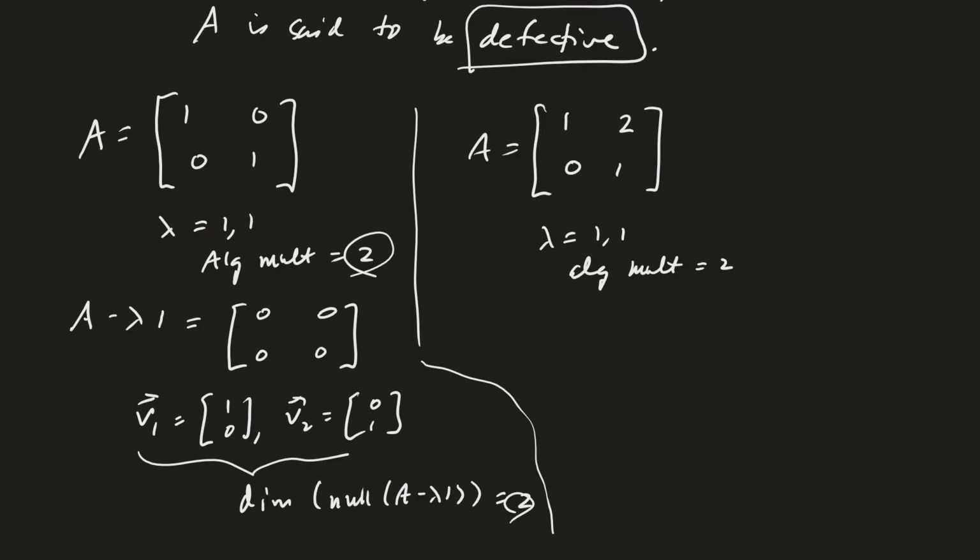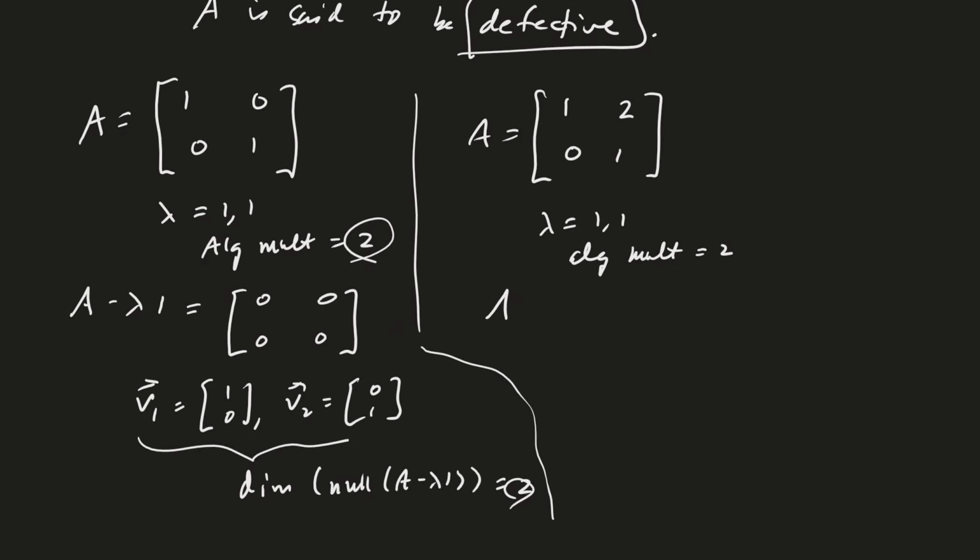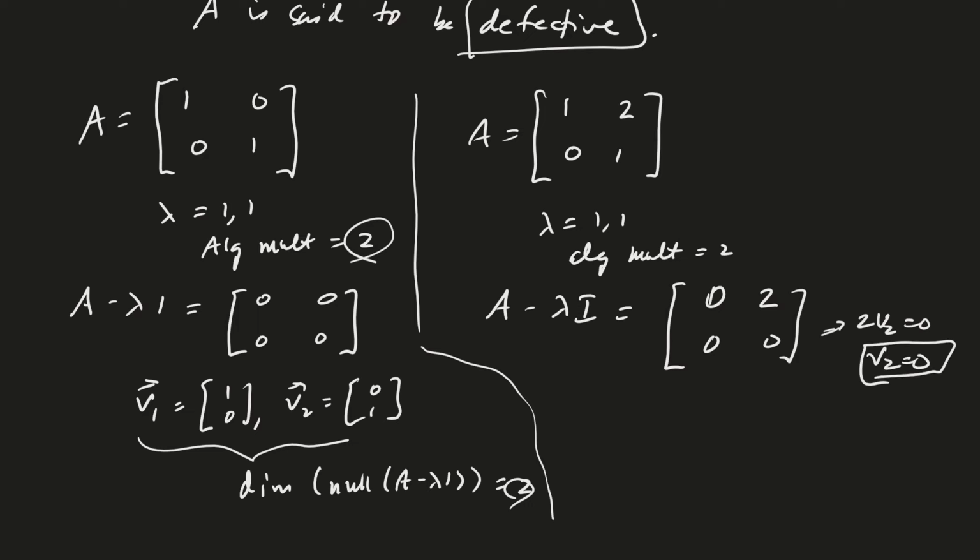But over in the other situation, if we take a look at A minus lambda I, we end up with that 2 sitting there. And so now if I look for the null space, I get that 2v2 is equal to 0, or just v2 equals 0. And so I have this extra condition now.